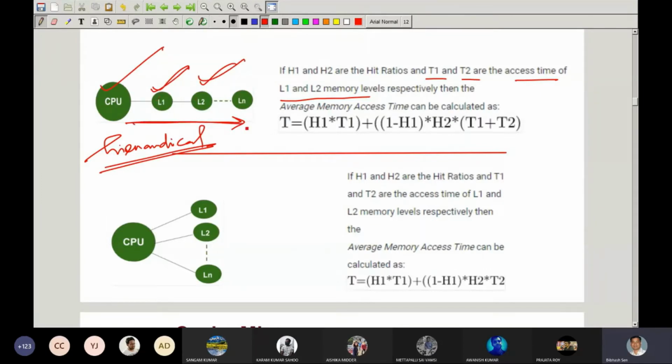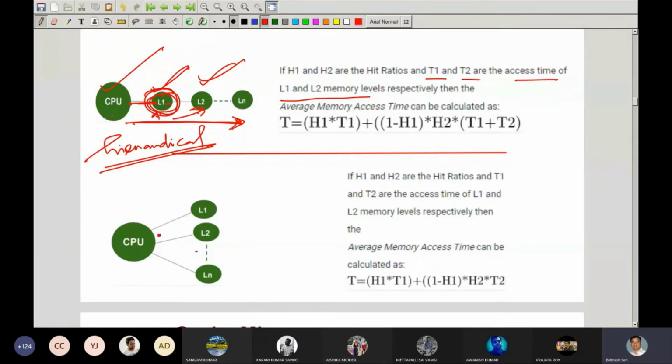L2 cannot be accessed until L1 is finished. If no data is found in L1, then it will go for L2.